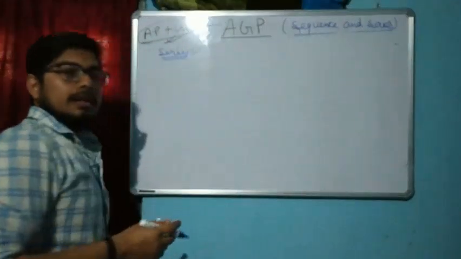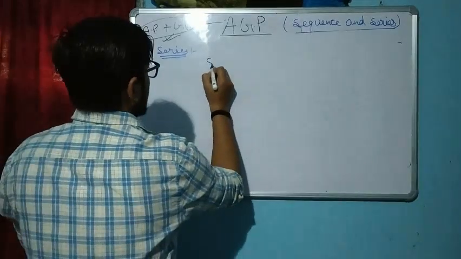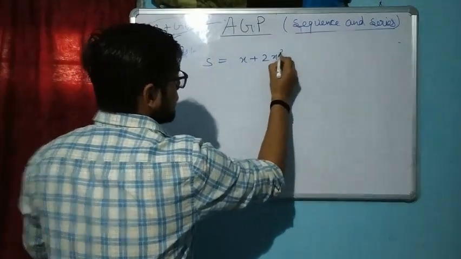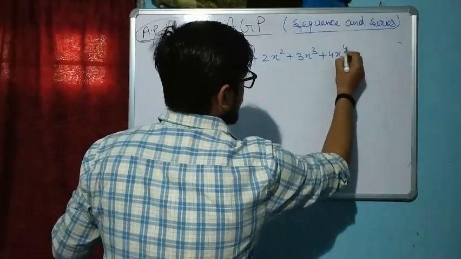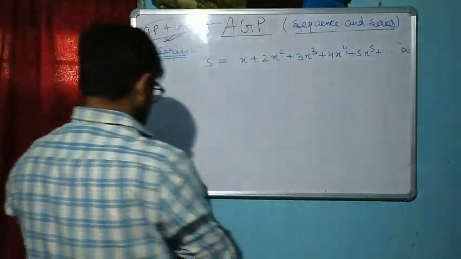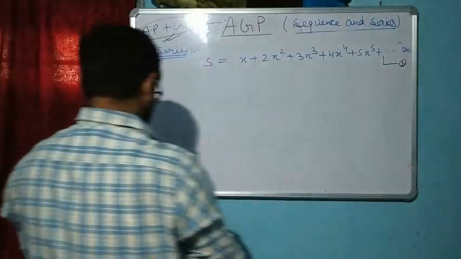Let's say the summation of the given series be S. We'll write S equals x plus 2x square plus 3x cube plus 4x raised to power 4, 5x raised to power 5 and so on up to infinity. Let this be equation number 1.